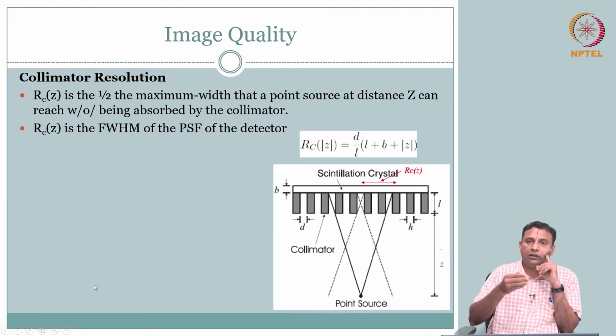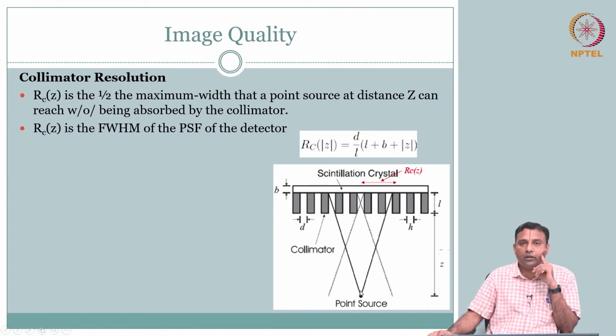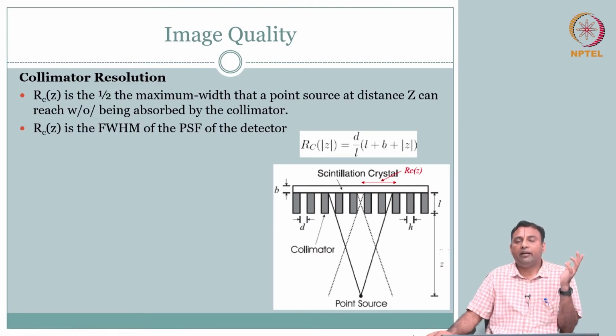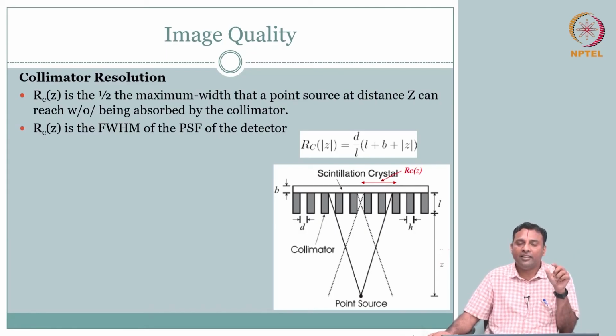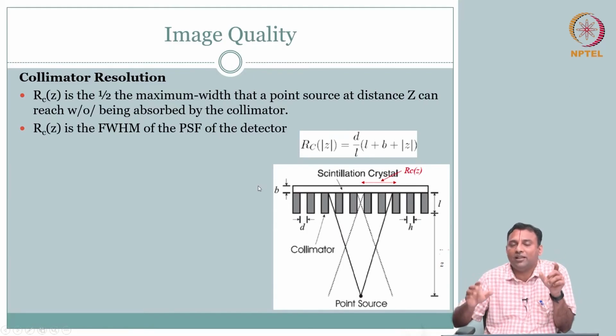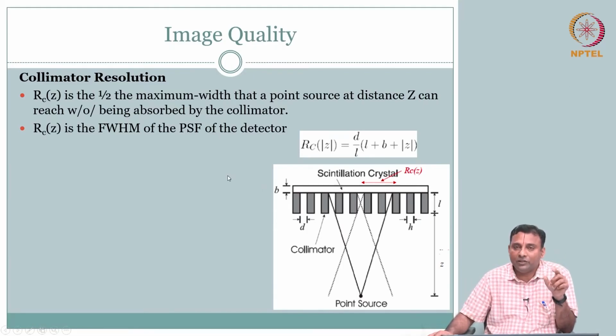That means whether I have the object close to the detector or far away from the detector, that is going to have an influence on the resolution. So, the collimator resolution, what we call, is dependent on where you are going to present the object, okay. So, that is the important message.